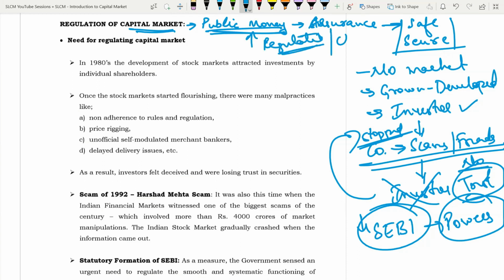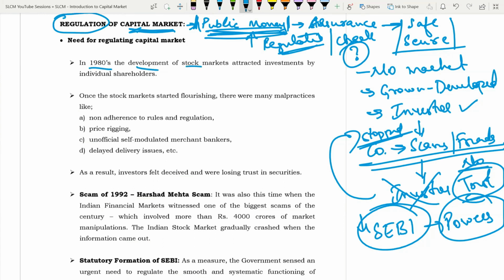There should be somebody who constantly checks on what these companies are doing, because they are using the money of the public at large. Right? So this is why they thought that the capital market should have a proper regulator, that is the Securities Exchange Board of India.